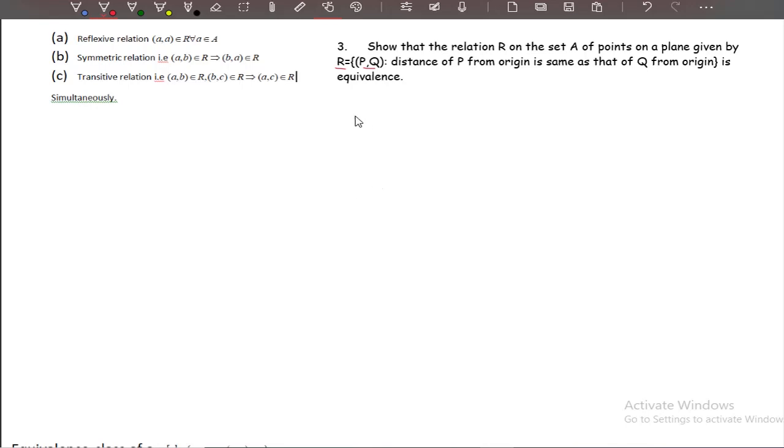Okay, can we write OP equal OP? So P and P are related.